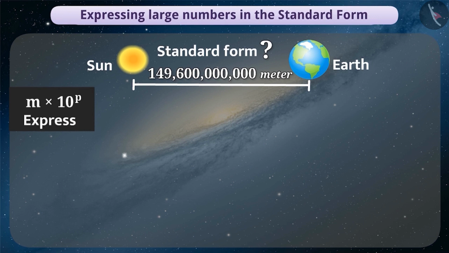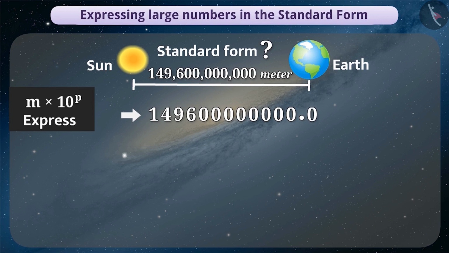To express it in standard form, that is, m into 10 to the power of p, first, we will convert this whole number to decimal number by placing a decimal point and 0 to the right of the number. Here, there are 12 digits to the left of the decimal point. We will subtract 1 from the total number of digits, that is, 12, to get the value of p as 11.